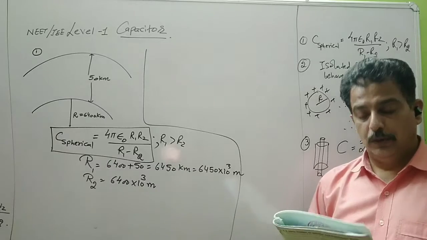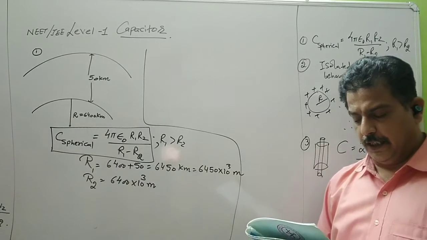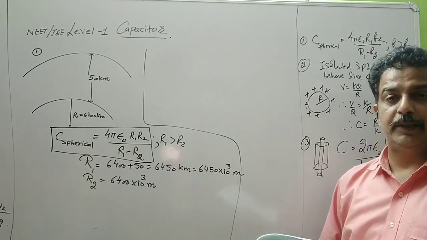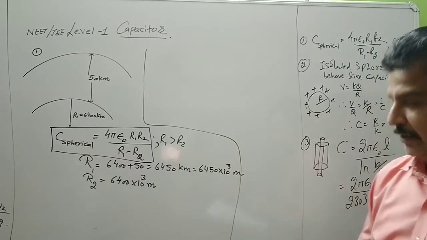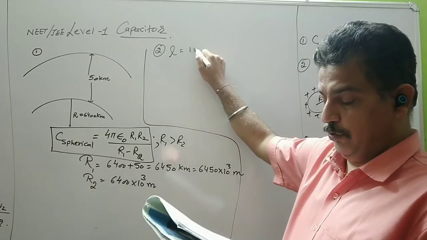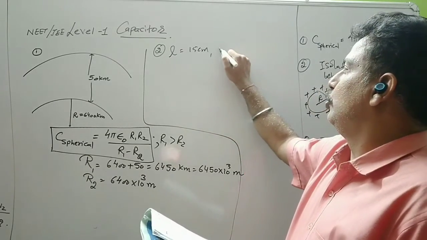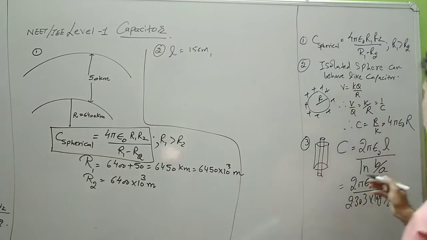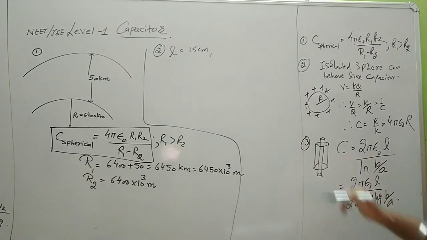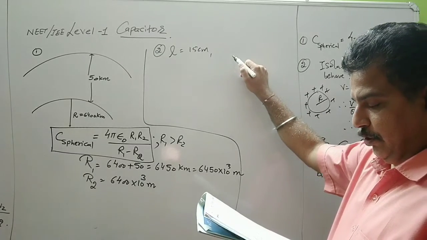Question number 2. A cylindrical capacitor has two coaxial cylinders of length 15 centimeter. So again we have a cylindrical capacitor, that is a direct application. L is equal to 15 centimeter. Two radii are given, so we have b by a, b is the outer radius and a is the inner radius.